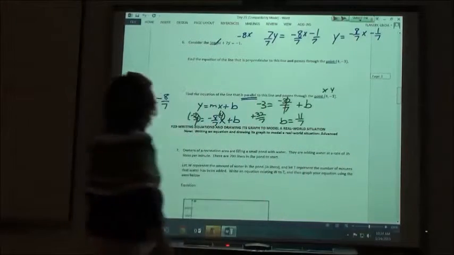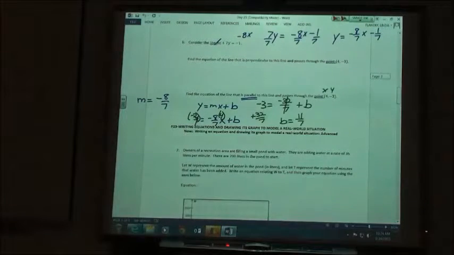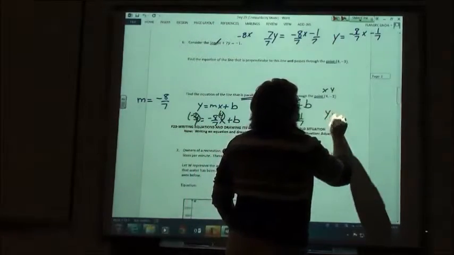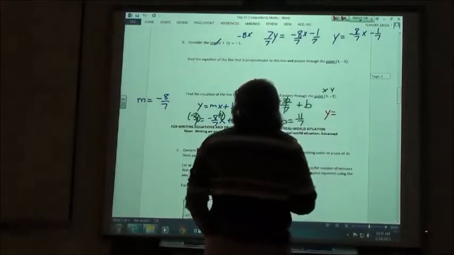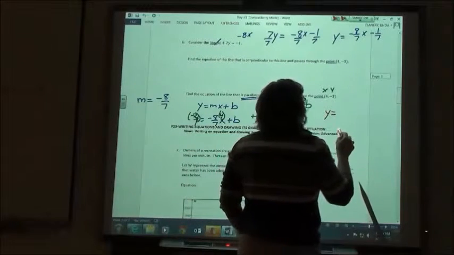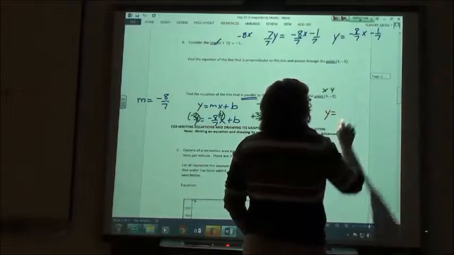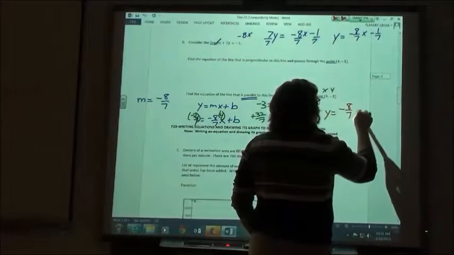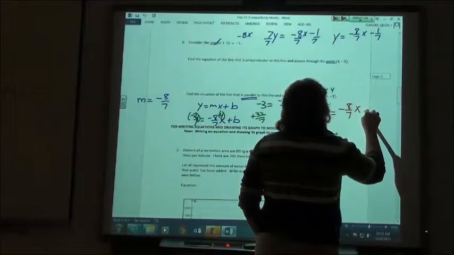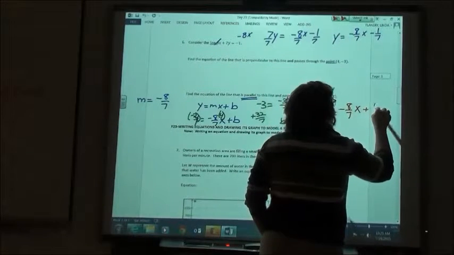So I know my m is supposed to be negative 8/7. I know my b is supposed to be 11/7. What's my equation? It's going to be y equals negative 8/7 x plus 11/7.